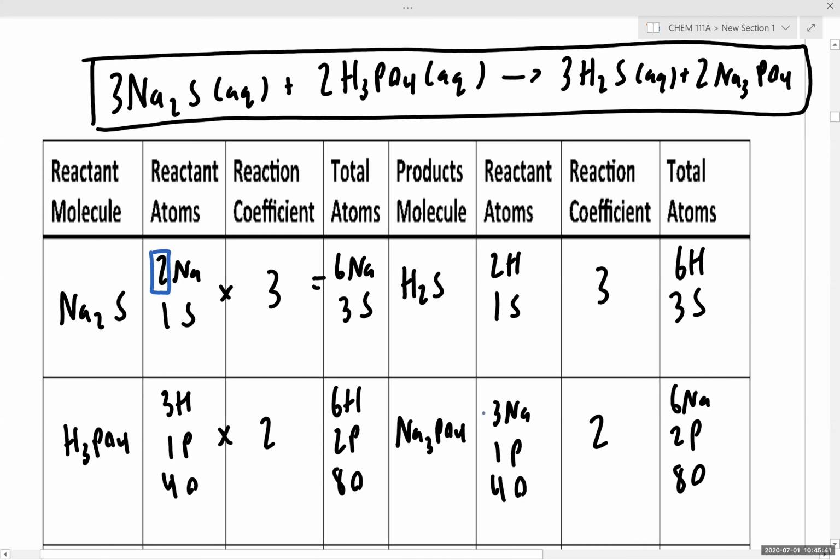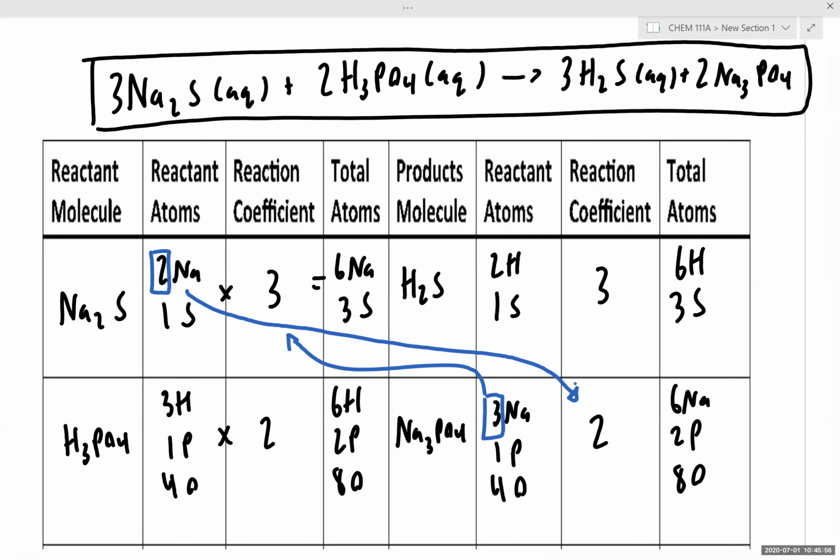So in this case, we have 2 sodium and 3 sodium, and you cross the number of atoms into the subscript. So this is known as the least common multiple method, and it's very powerful for balancing ionic equations.